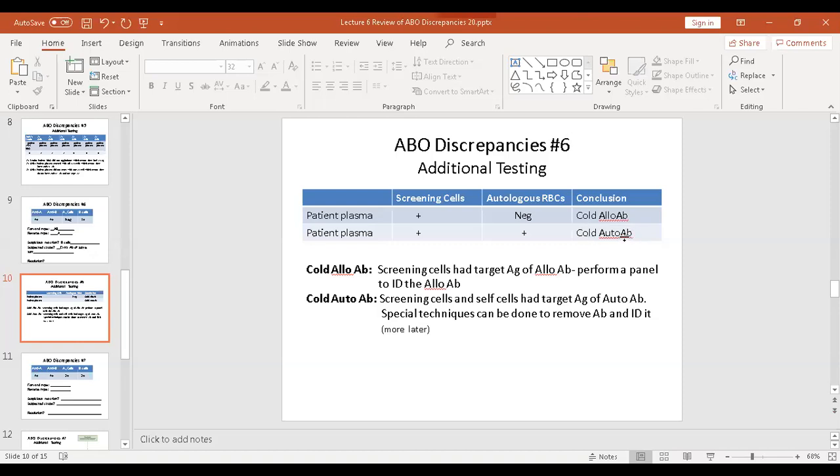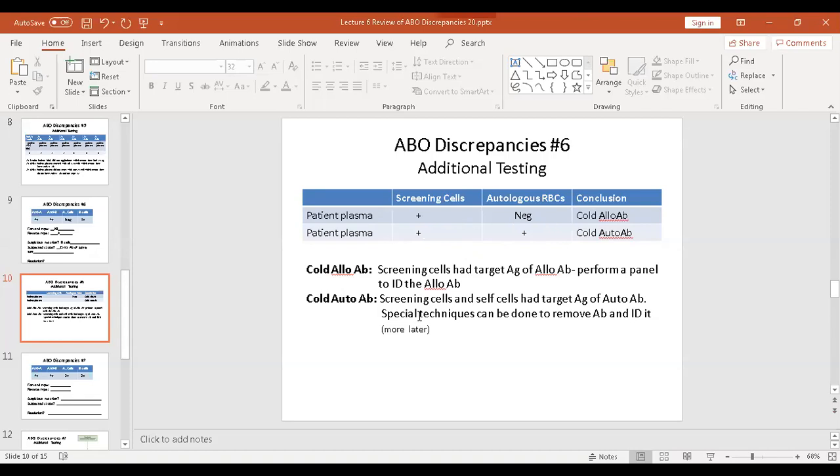Most of these auto antibodies, when a person develops them, react with most cells. So the fact that they're reacting with their own is telling us it's auto, and cold, once again, it's reacting best at room temperature. So our interpretation here: the screening cells and the patient's own cells had the target antigen of this auto antibody, and that's why we have positive results here.